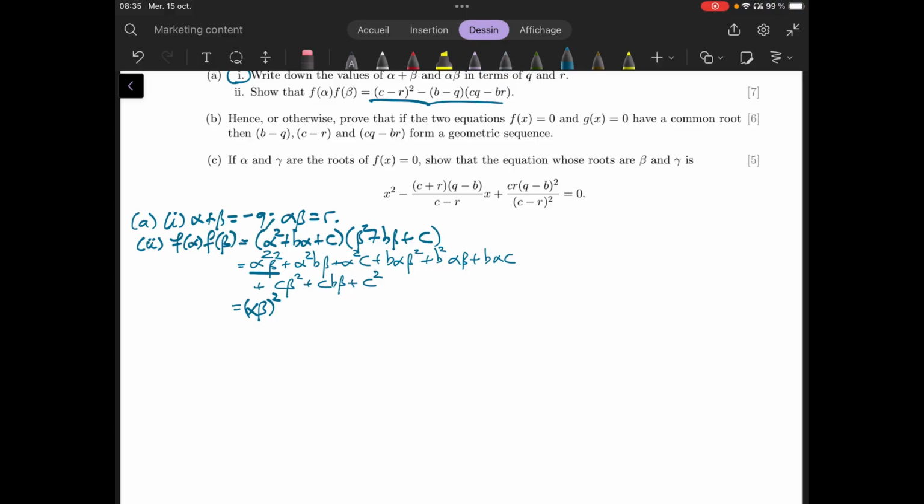We want to express the entire thing in terms of alpha and beta, wherever possible. Let's see if there's any way we can group the terms. 1, 2, 3. Seems like that's the best we can do right now.